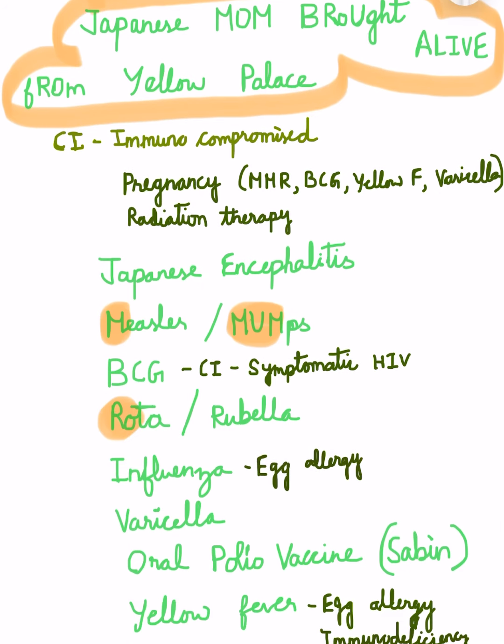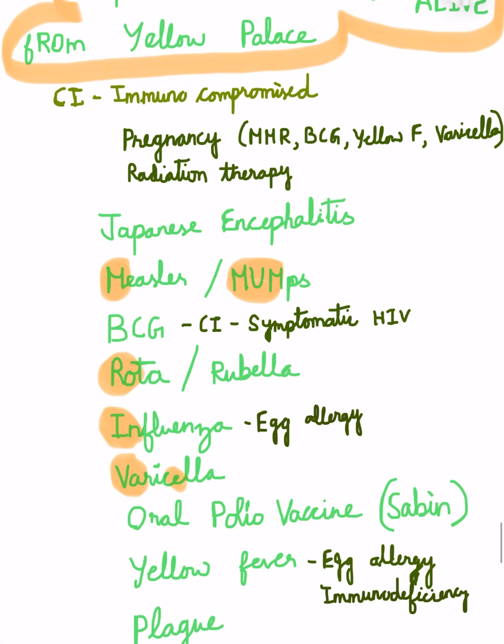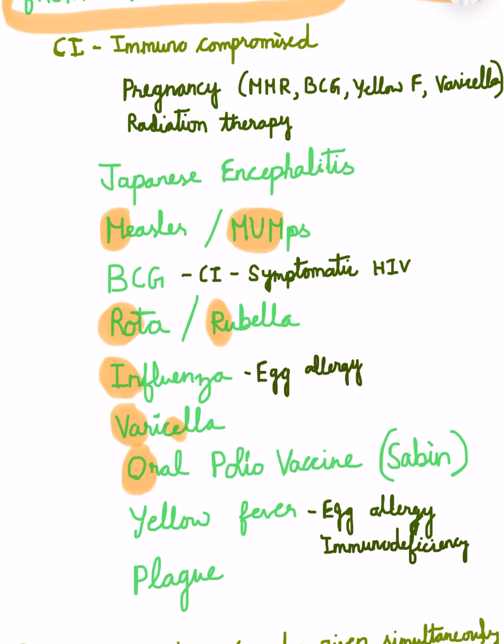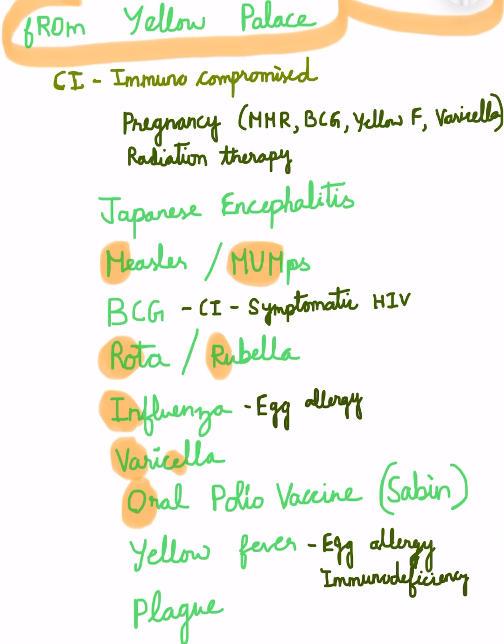and alive is the live vaccine. Here, I stands for influenza, and V stands for varicella. R stands for rubella, and O stands for oral polio vaccine, which is also called the Sabin. The oral polio vaccine, Sabin, is the live vaccine, whereas the injectable polio vaccine is the killed or inactive vaccine.